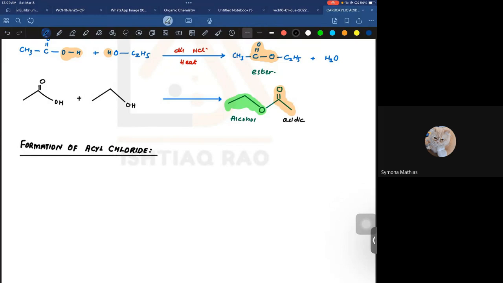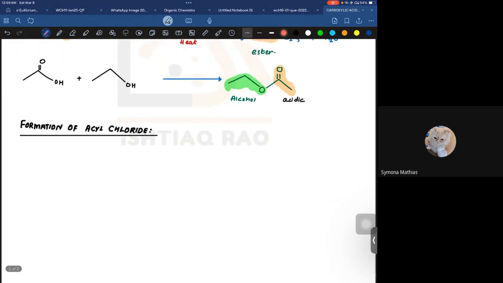Formation of acyl chloride. This is also known as a derivative of carboxylic acid. So I have ethanoic acid, which is this.